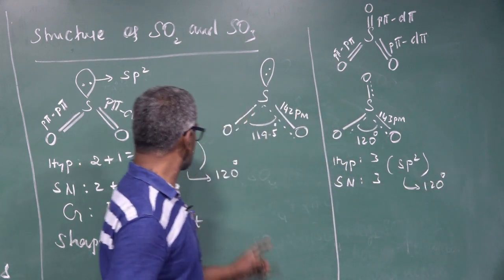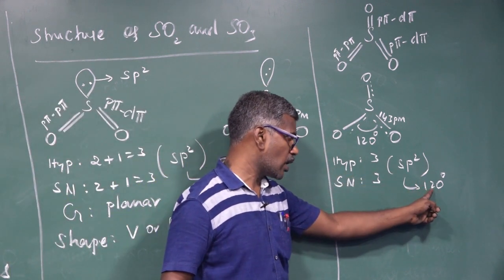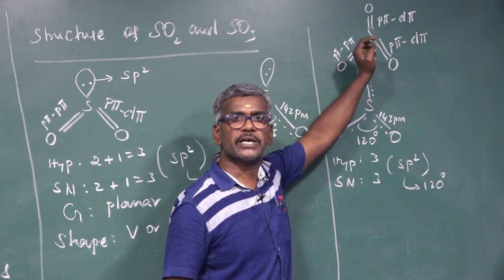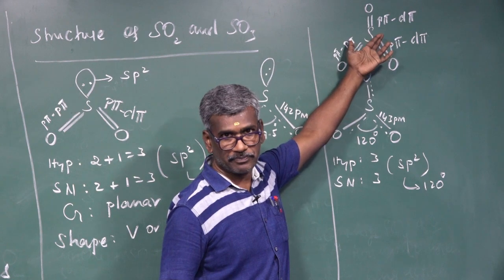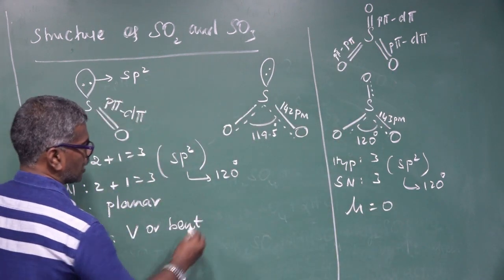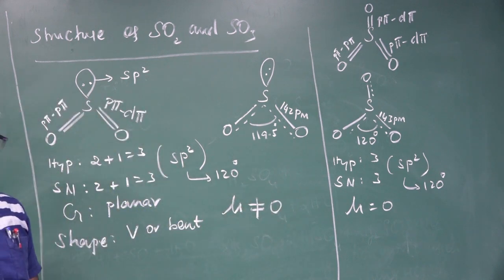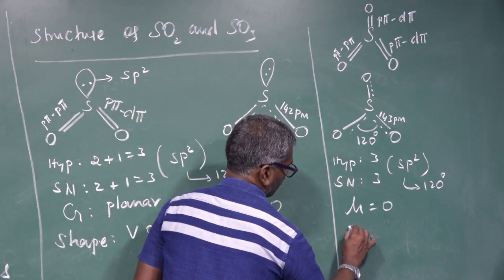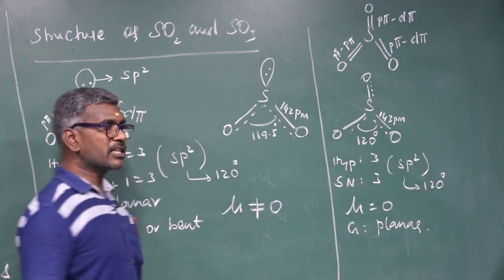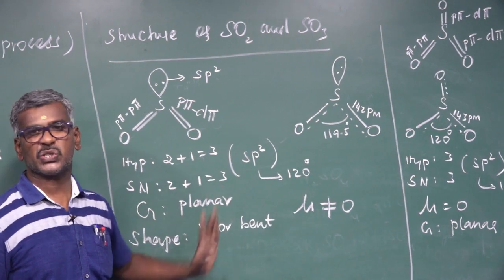SO2 has 119.5 degrees, while this one is 120 degrees, because there is an absence of repulsion between lone pair and bond pair. Here there is no lone pair, so the dipole moment is 0. In SO2, the dipole moment is not 0 because of lone pair-bond pair repulsion, although the geometry is planar. These are the major differences between SO2 and SO3 structures.